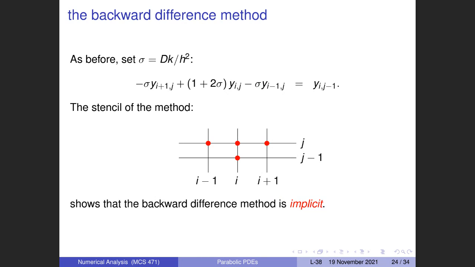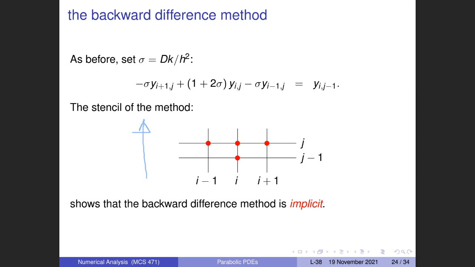The stencil of the method shows that if we are going forward in time, again, we should read this upside down, from the bottom to top. If we march forward in time, we are computing the next 3 values based on the single previous value.